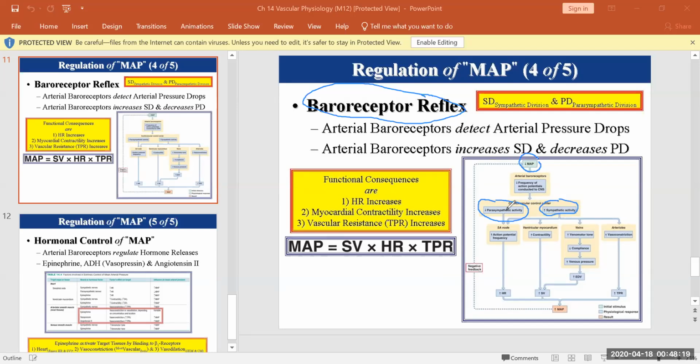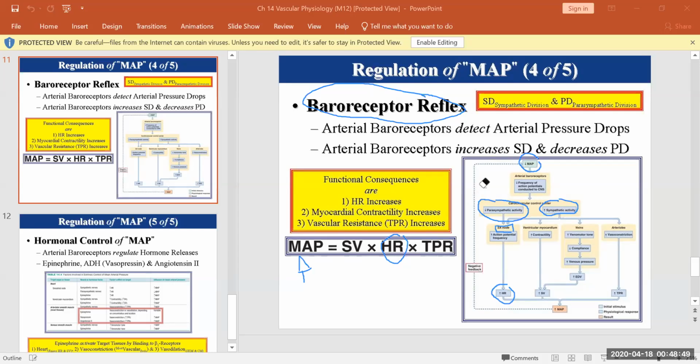So both of them, parasympathetic and sympathetic, act at the SA node here. Sympathetic in this case will win over and will cause the heart to beat faster. So HR will increase. So if you increase HR, what's going to happen? MAP will increase. Okay.